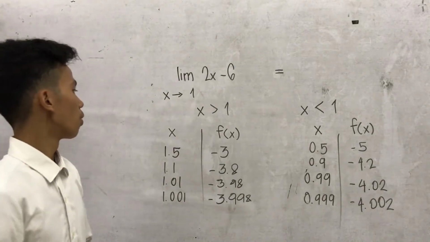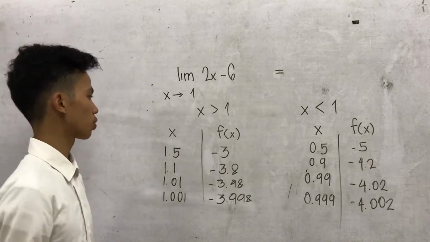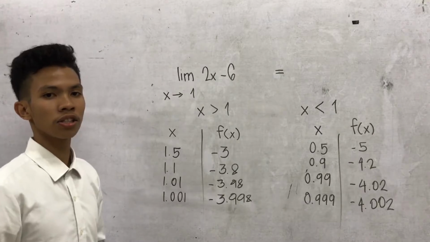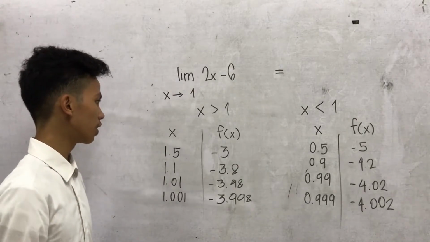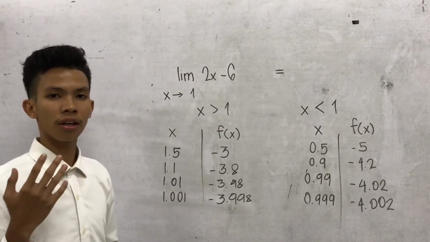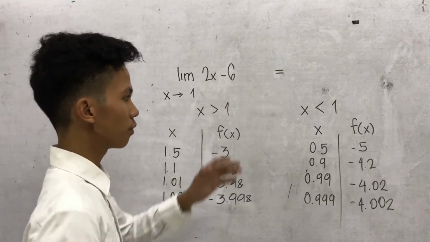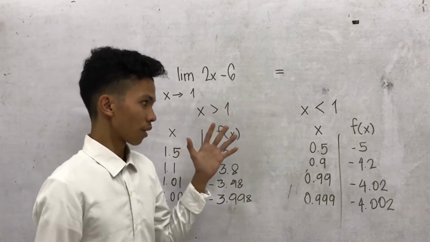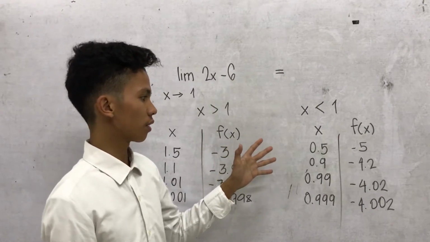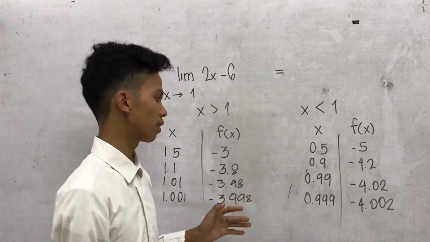And then, we need to find values of x that are 0.5 greater than 1 and approaching 1. For the less than table, we need to find values that are 0.5 less than 1 and approaching 1.